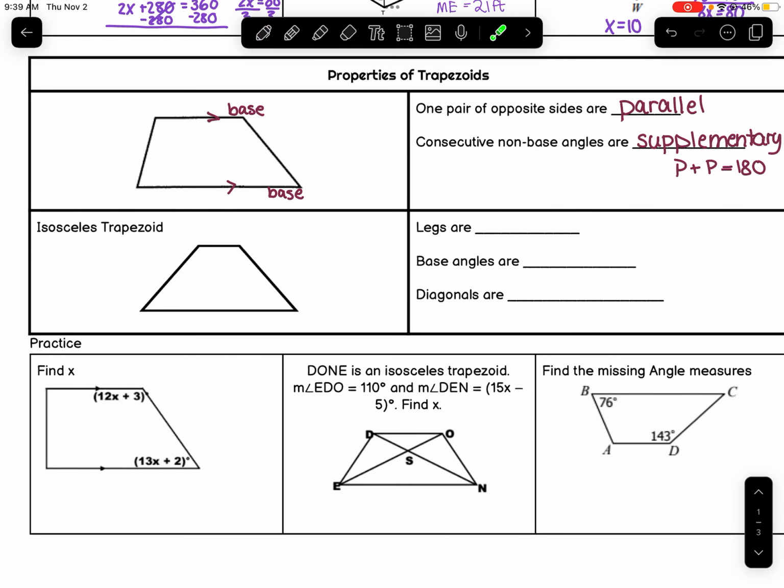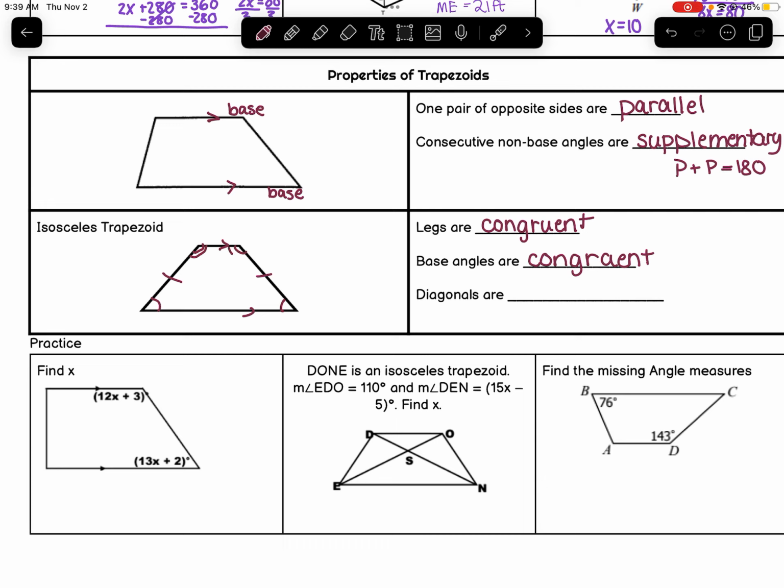This is really the only thing that's special about a trapezoid until you get to an isosceles trapezoid. In an isosceles trapezoid, legs are congruent. So this leg is congruent to that leg, and we still have those parallel bases. The base angles are congruent. These two angles are congruent.